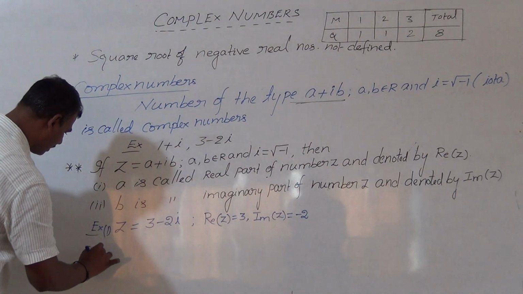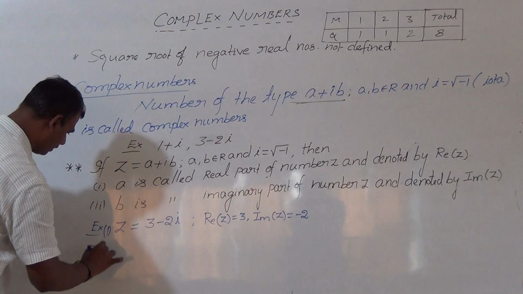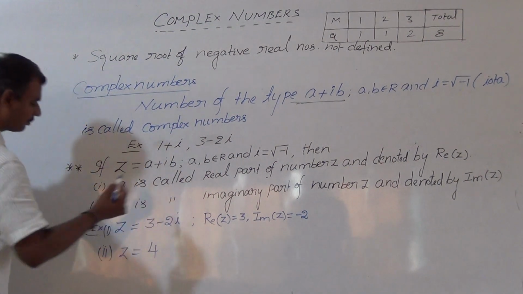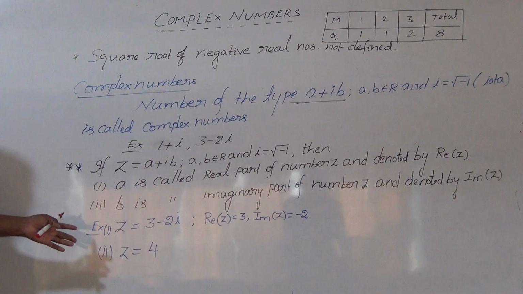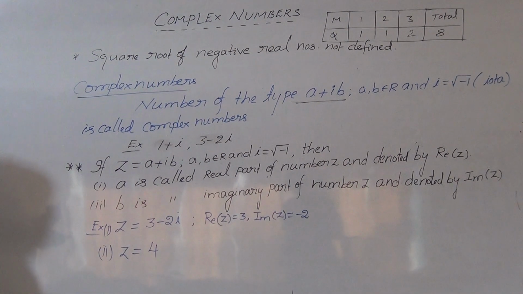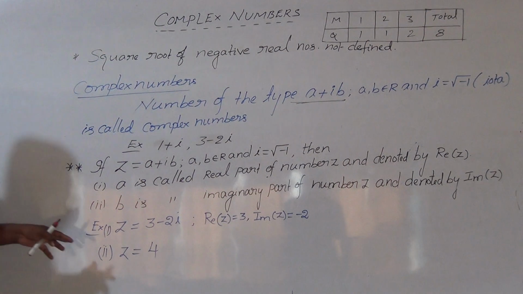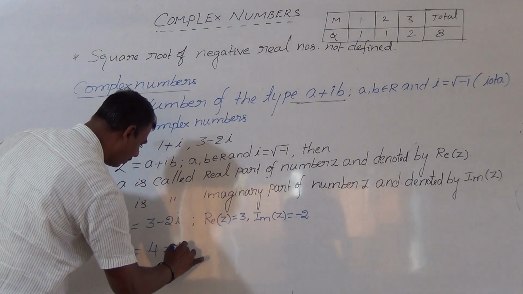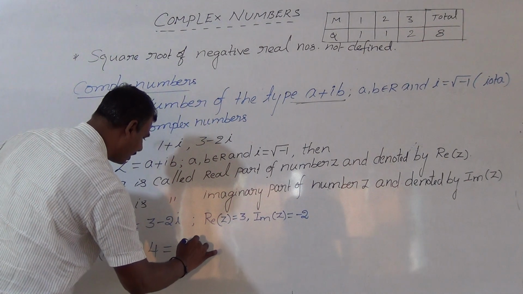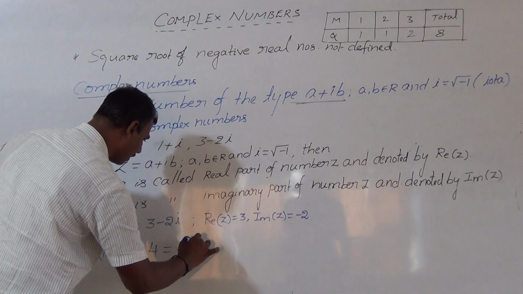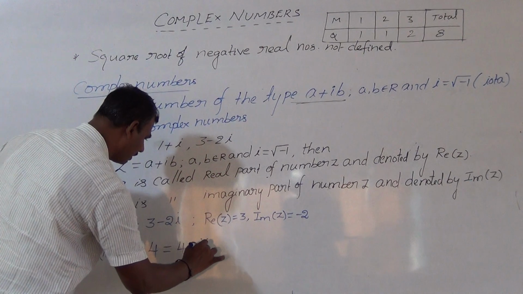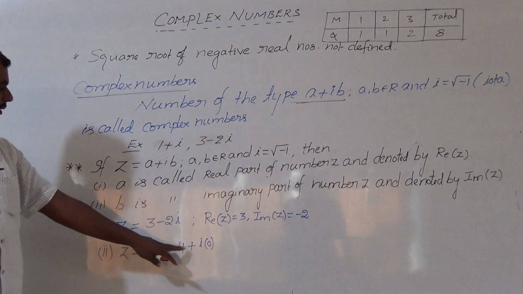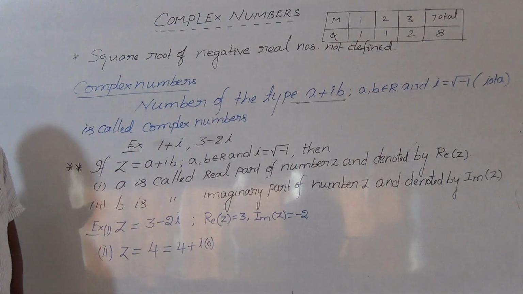Similarly, we have to see more examples. Suppose z is equal to 4. Is it a complex number? Yes. Why? Because we can write this value as 4 plus iota into 0.